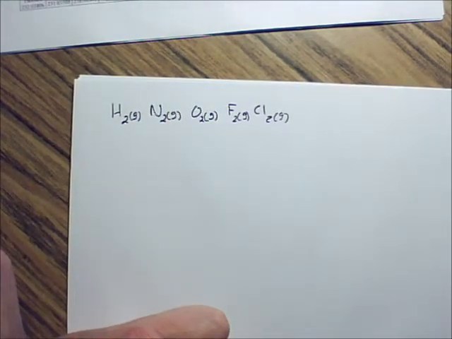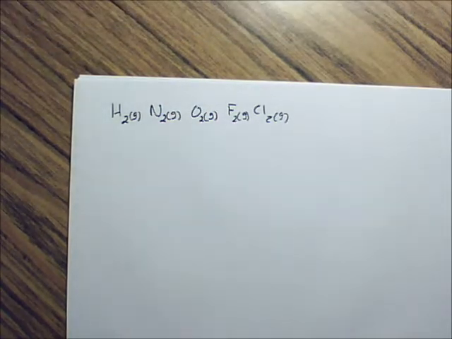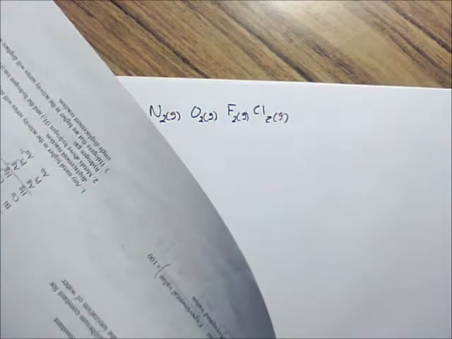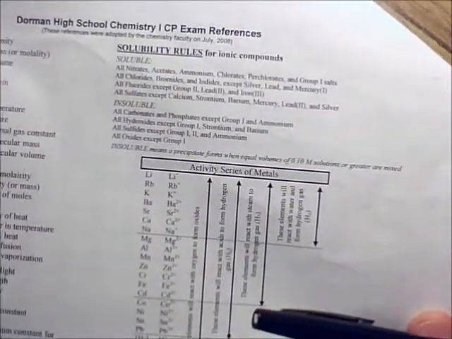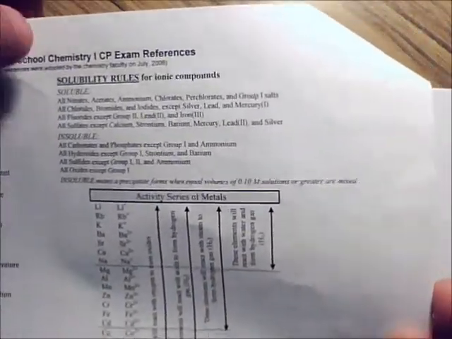Now, in an aqueous environment. An aqueous environment means there's water around, right? Then you're going to know the physical state by using the solubility rules. And we've been practicing with those for over a week now.